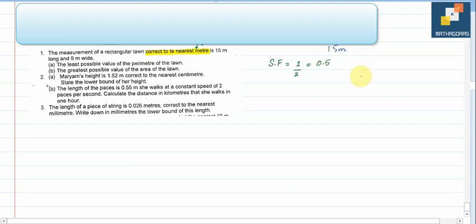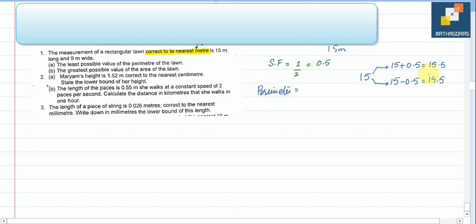For the length of 15, the upper bound is 15 plus the scale factor, which is 15.5, and the lower bound is 15 minus 0.5, which gives 14.5. For the perimeter, we know it's the sum of all sides.